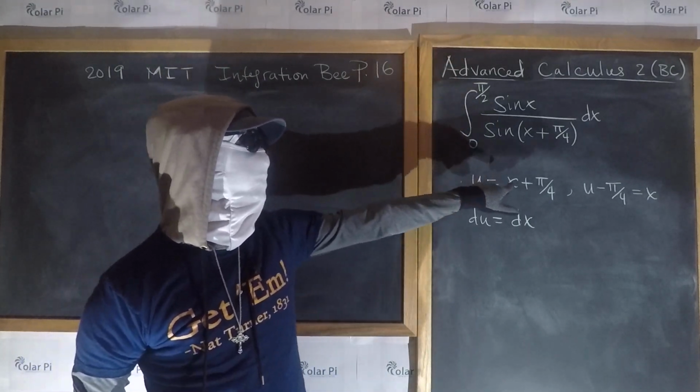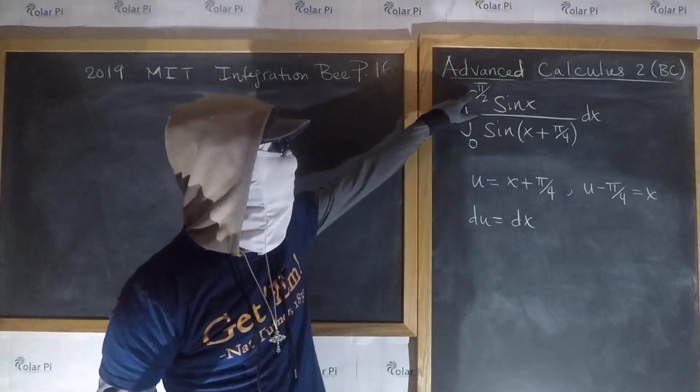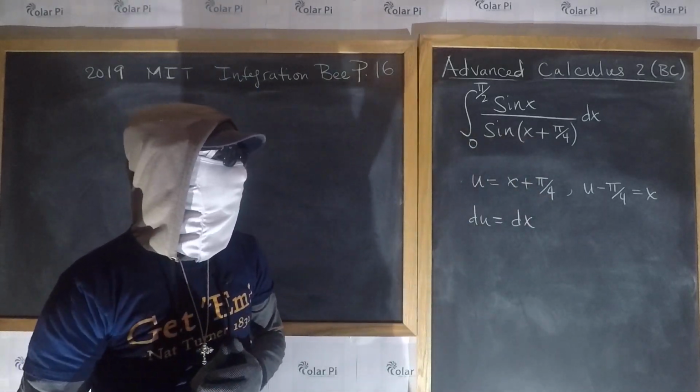0 is going to change to 0 plus pi over 4, so 0 is going to become pi over 4, and pi over 2 is going to change to pi over 2 plus pi over 4, which is 3 pi over 4, right?